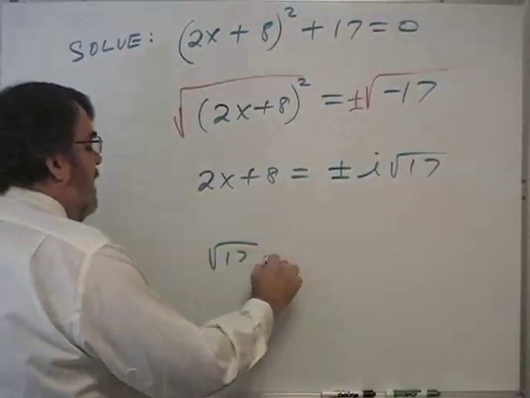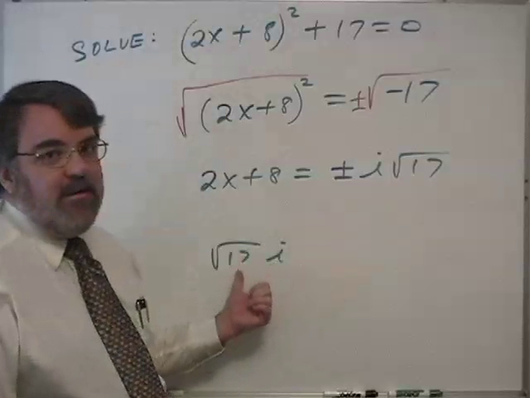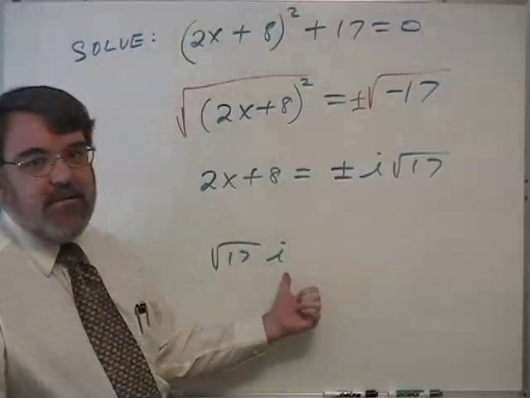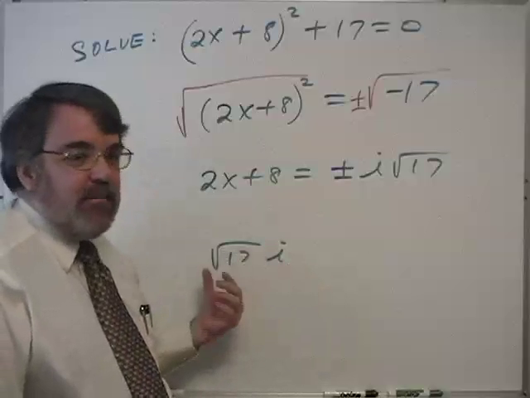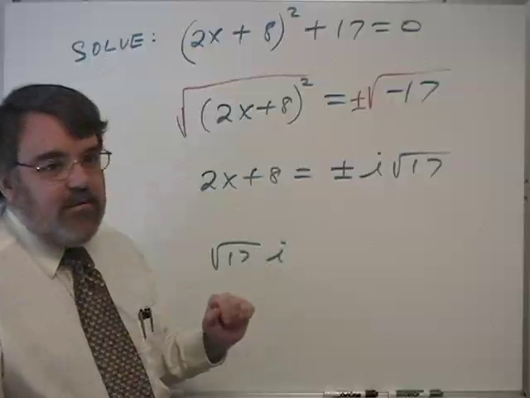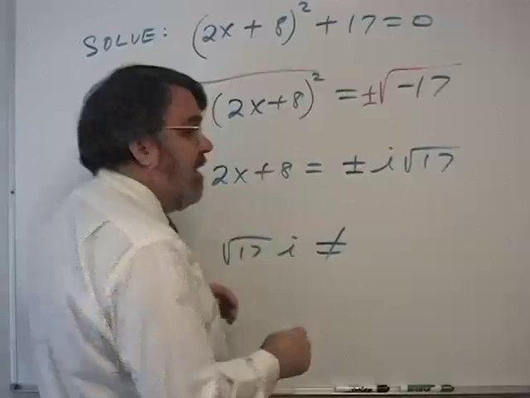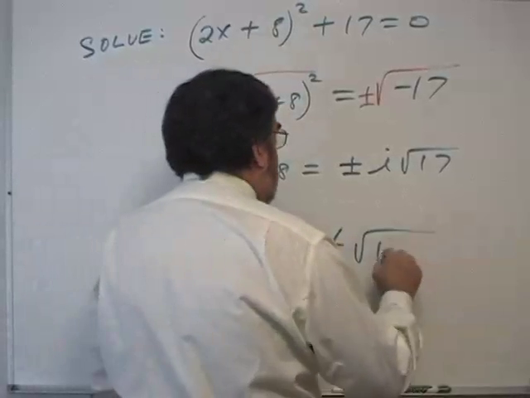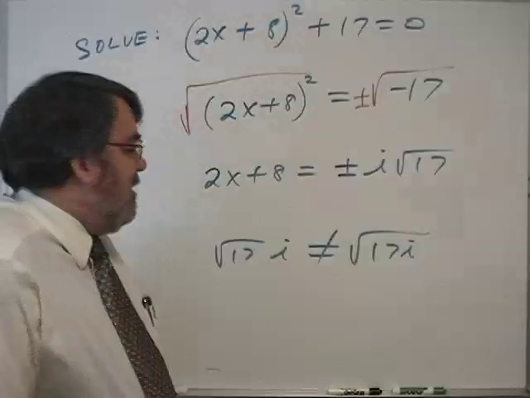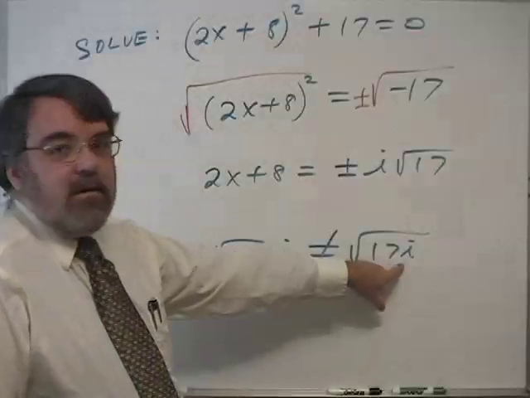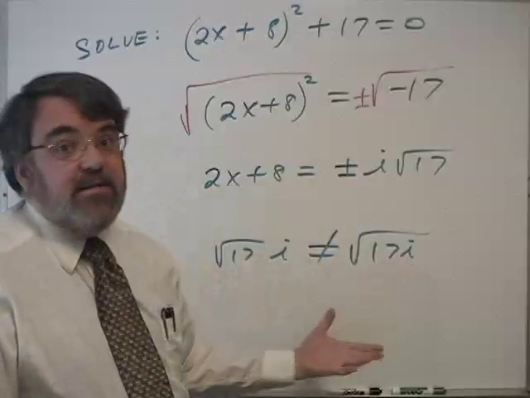It might seem more natural to write this by putting the square root of 17 first, followed by the i, because we typically put letters after numbers. The reason I don't do that in teaching is because I've seen a lot of people carelessly put the i under the radical sign. And that's wrong. That's a totally different number from this, because the square root of i is a number.